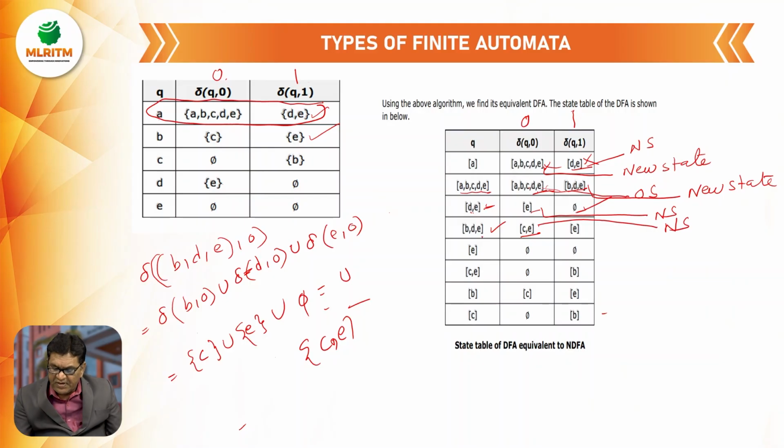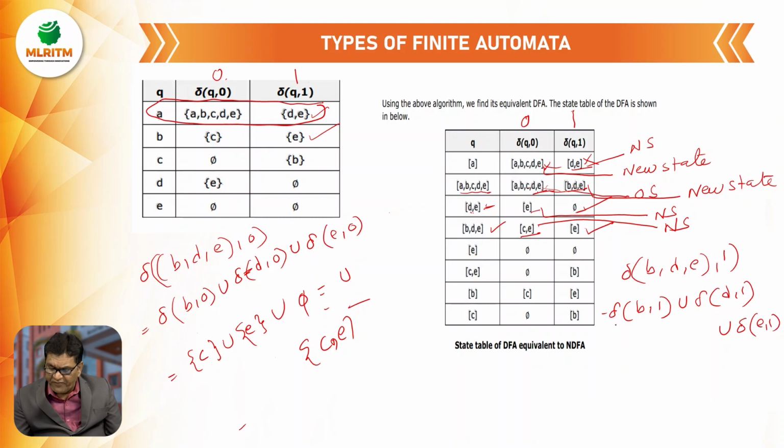Next, current state is BDE, B comma D comma E, current input is 1. Now you can find out the next state. Delta B comma 1 union delta D comma 1 union delta E comma 1. You can find out B comma 1 in the transition diagram of NFA.